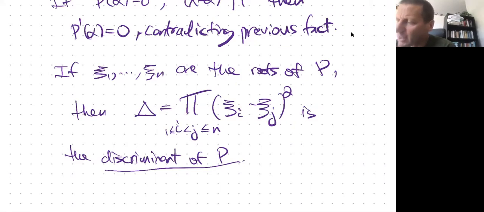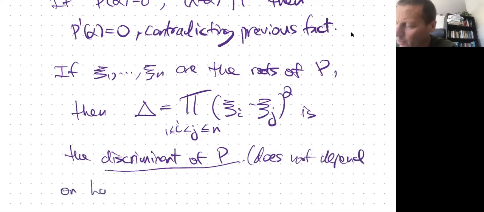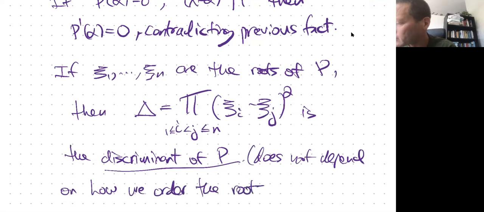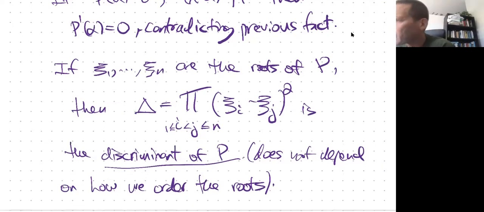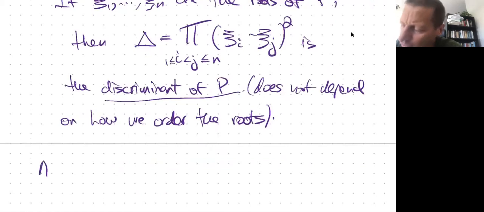So this does not depend on how we order the roots. And there's a name for any expression involving the roots of a polynomial that doesn't vary when you permute the roots, and that's called a symmetric polynomial, or a symmetric formula. So delta, I'll just write it this way.